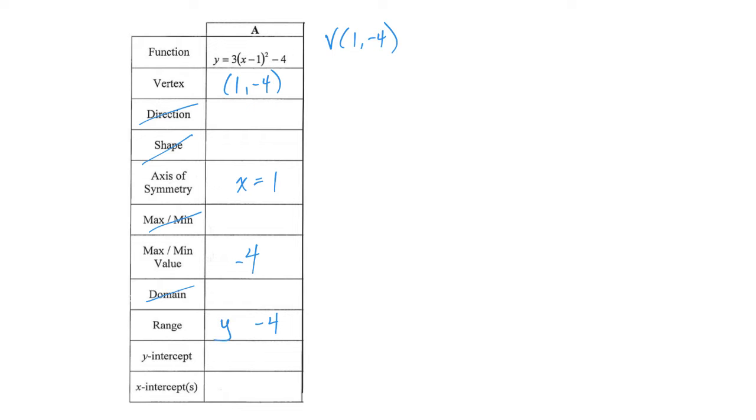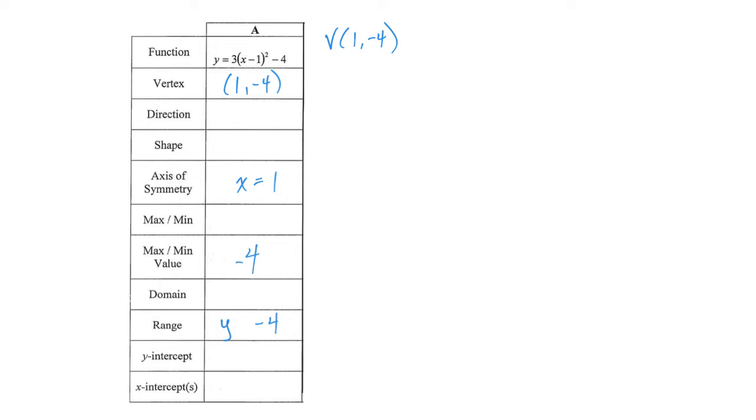So I can at least jot in the y and the -4. I just don't know right now whether it's greater than or less than. So I now take a peek. My vertex does not give me information about my y-intercept, nor about my x-intercepts. So I'm going to get rid of all of those little slashes I put down in my table.